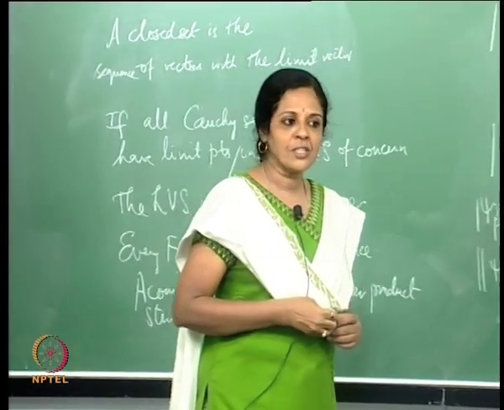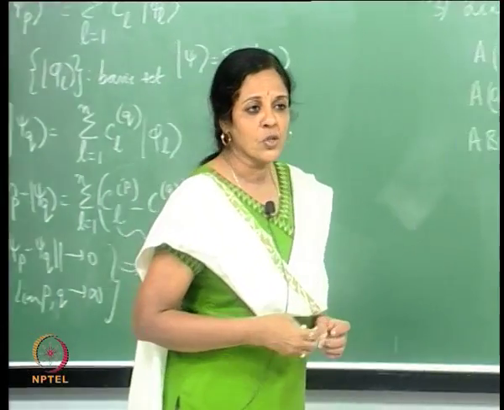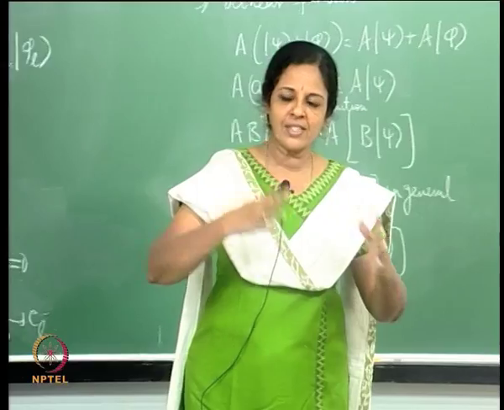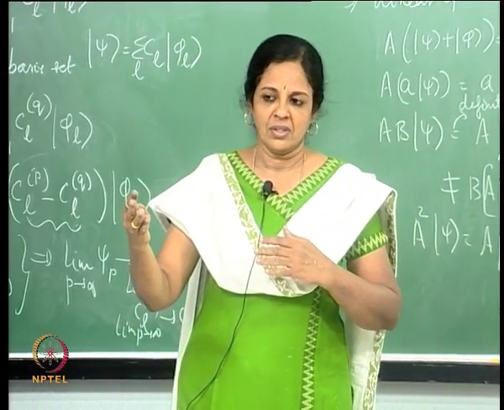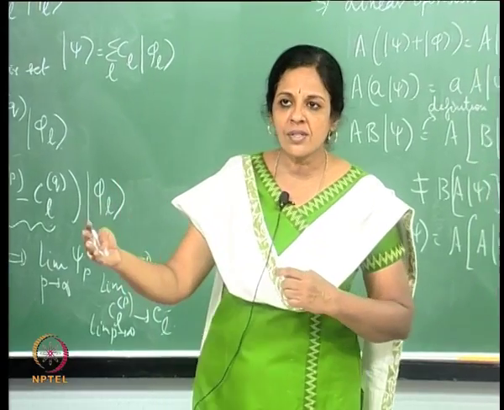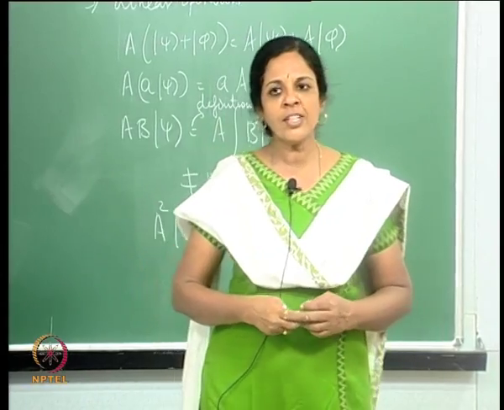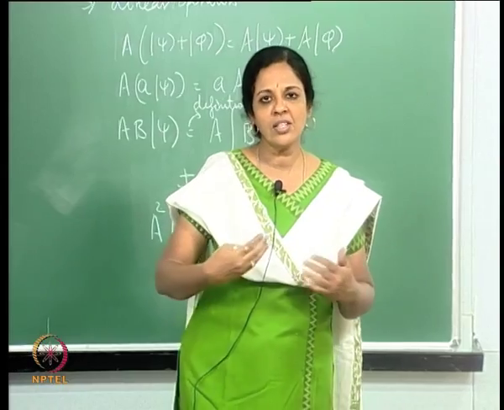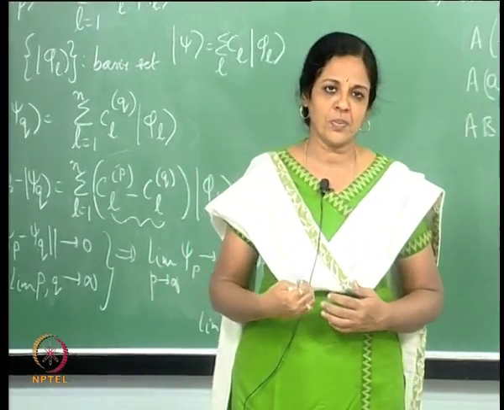The linear vector space corresponding to the two-level atom, the linear vector space corresponding to the three-level atom, translated into the language of the spin system, the spin half system, the spin 1 system, and so on. All of them are examples of complete spaces because they are finite dimensional linear vector spaces, and since there was an inner product structure defined on them, they happen to be examples of Hilbert spaces.